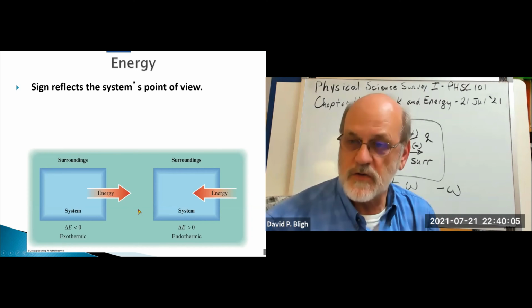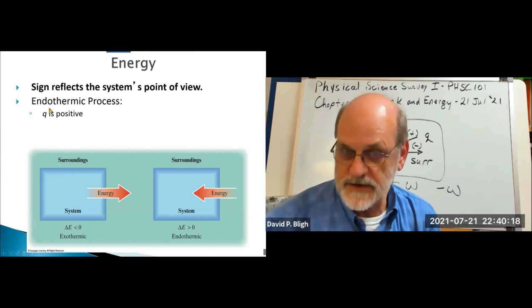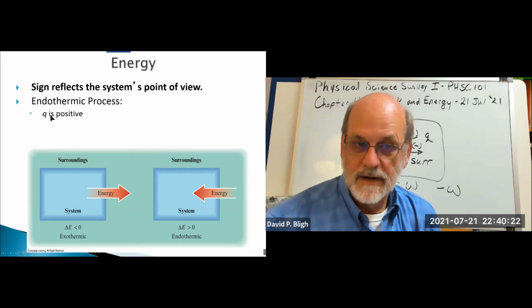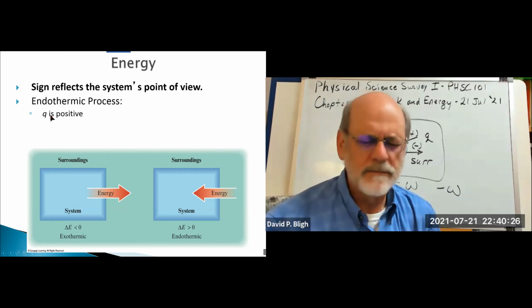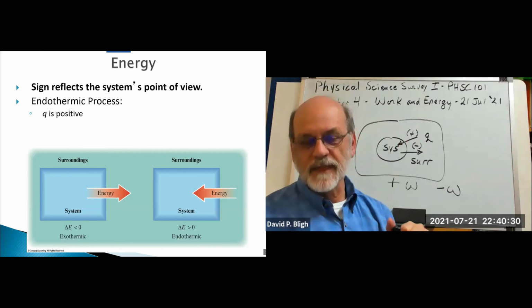Now, if this energy transfers in the form of heat, we say that it's endothermic, which means that the heat is transferred out of the system and the system gets colder. The Q in that case is positive. Oh, excuse me. Back up. I correct myself.